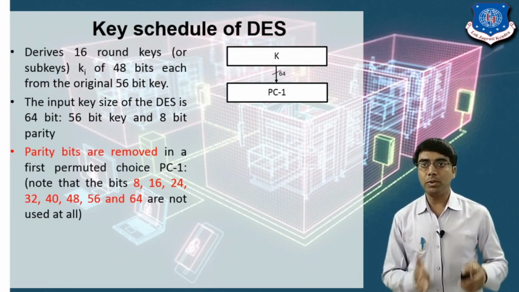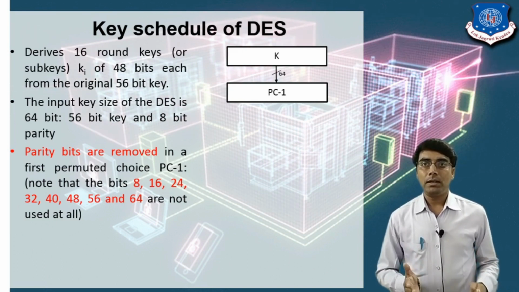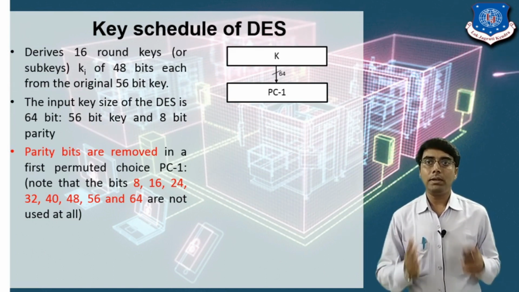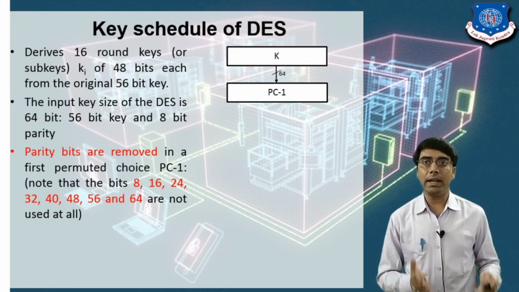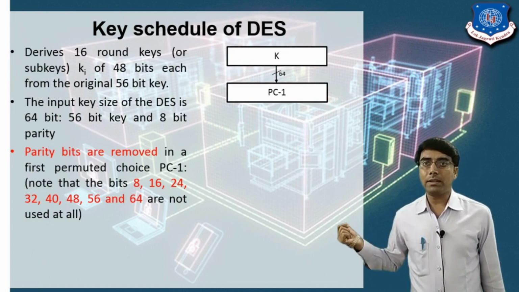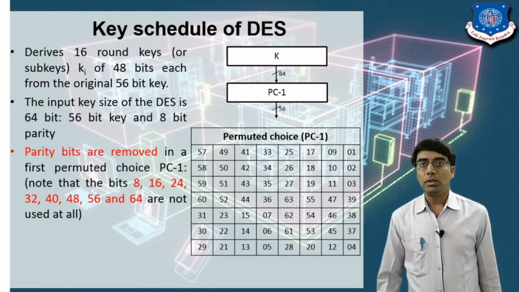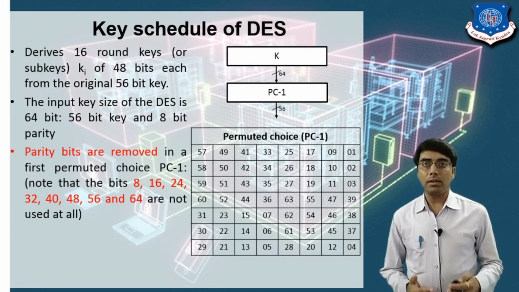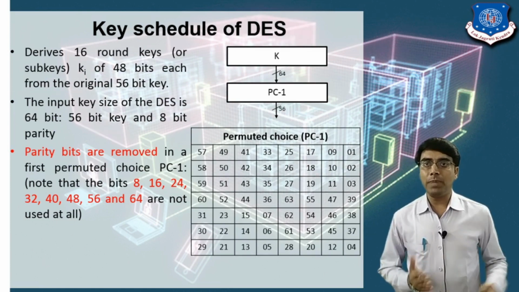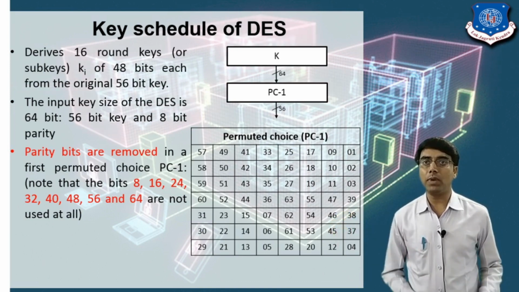The bit positions of the discarded bits are 8, 16, 24, 32, 40, 48, 56 and 64. So now remove these bits, and you will get the 56-bit key. After discarding these bits, you will get this table, permuted choice PC1.